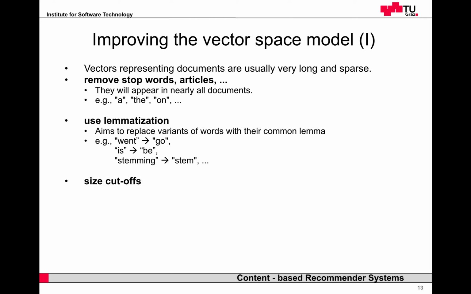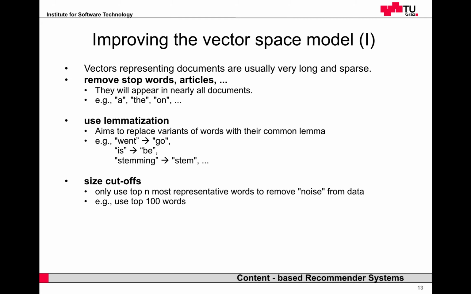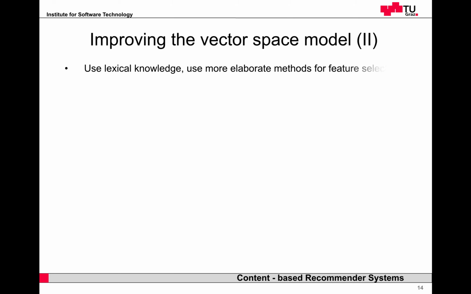We can also use size cutoff, which means we do not use all words, instead only using the top n most representative words in the document in order to remove noise. Additionally, we can use lexical knowledge or more elaborate methods for feature selection and remove irrelevant words in the document.